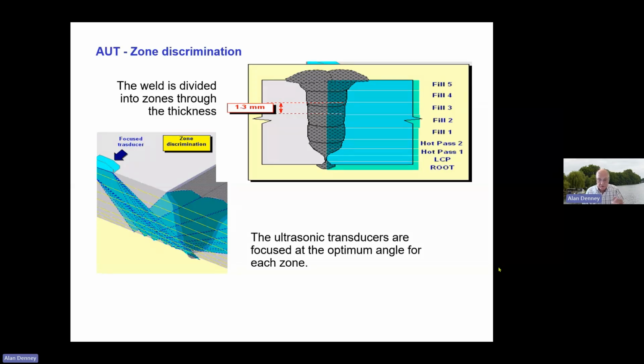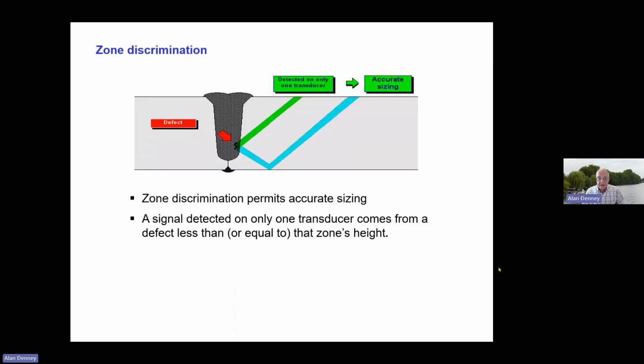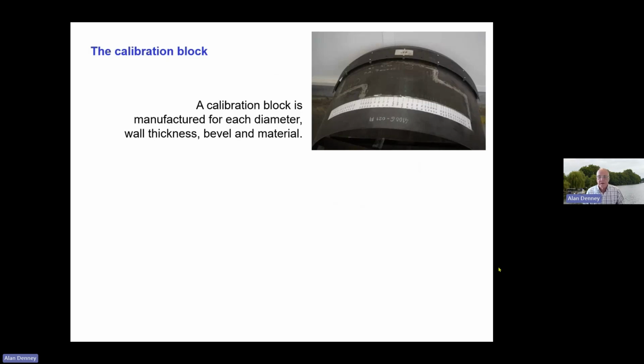The ultrasonic transducers generate signals which are focused at the optimum angle for each zone. So you get a zone discrimination, so you know where any indication originates. A signal detected on one transducer comes from that defect. There's a little bit of an overlap, which the operator knows all about and can interpret.